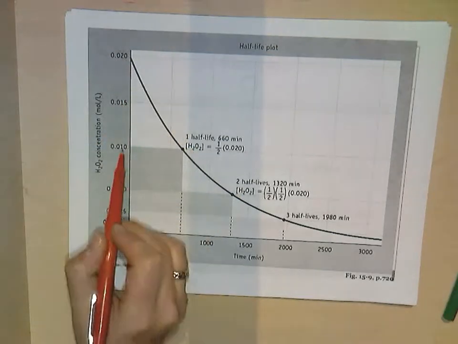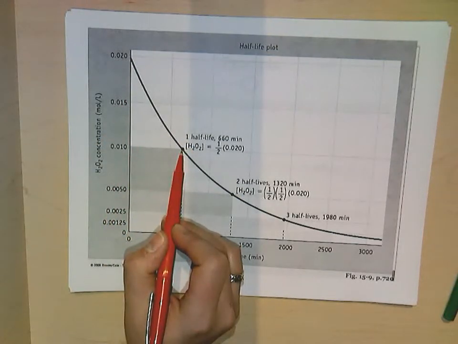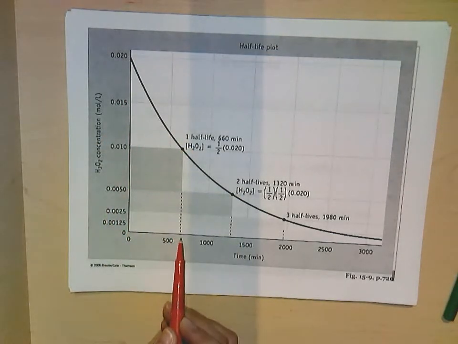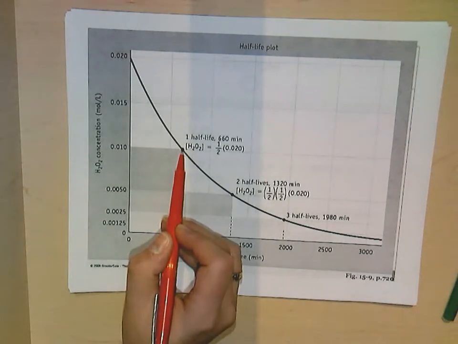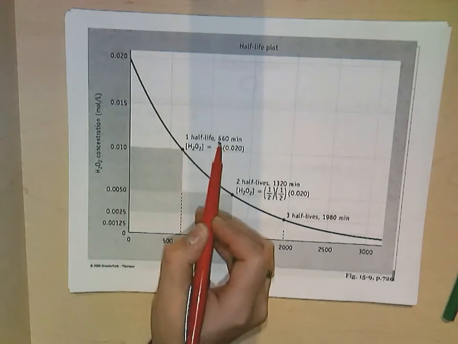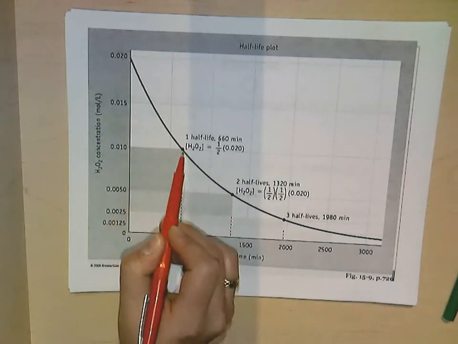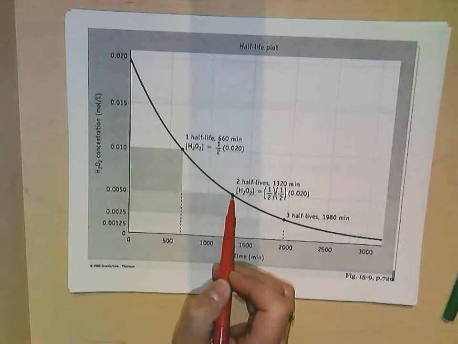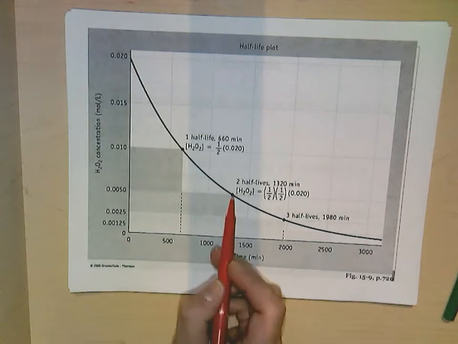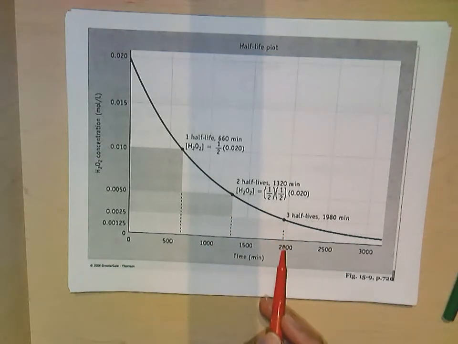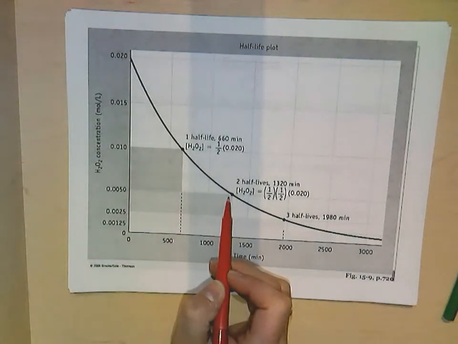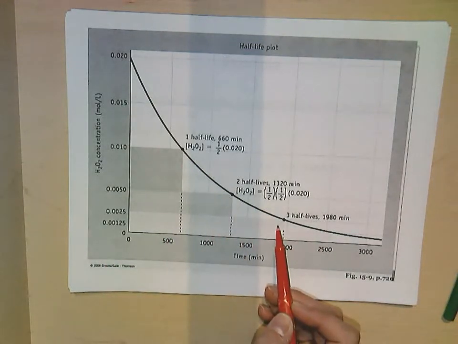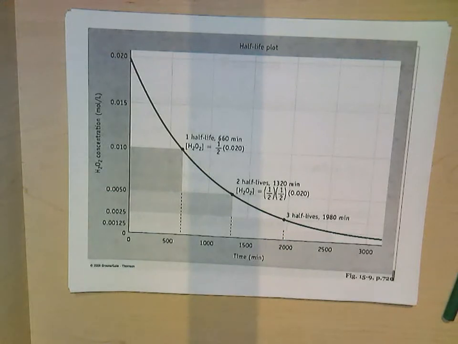You'd find that point. Looks like maybe 660 seconds. How long does it take to get to half of that? And then how long to get to half of that? So this would be half, a fourth, an eighth of my original concentration. So that's the kind of information we want to know when we do a half-life problem.